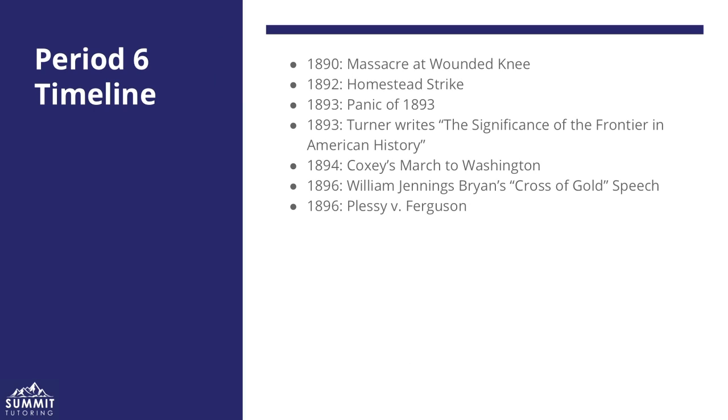All right. We also have the second page of our timeline here, and period 6 is going to really end a couple years after the Panic of 1893. We're going to have a couple more important events as well, but that's one of the most well-known. And then from there, period 6 will wrap up as well.